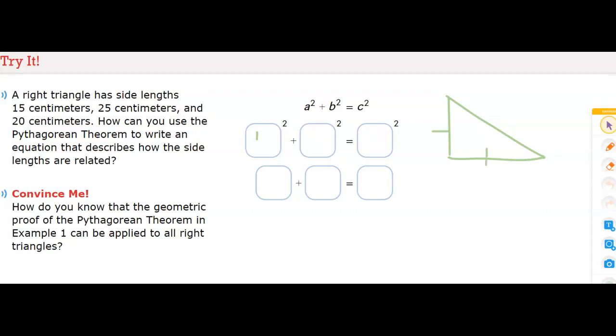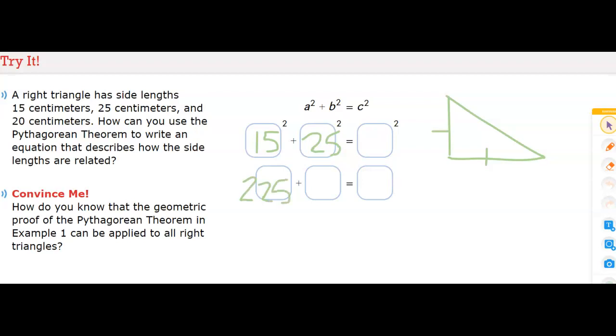So we're going to take 15 and put it here for A, and then for B, if I put 25 here, 25 as B. 15 squared is 15 times 15, which is 225.